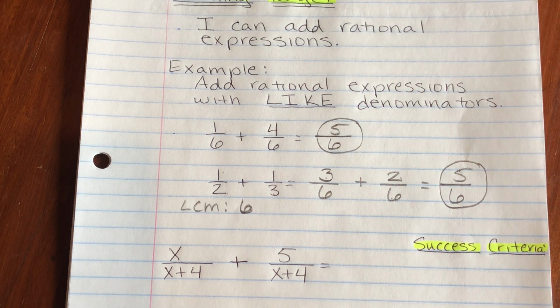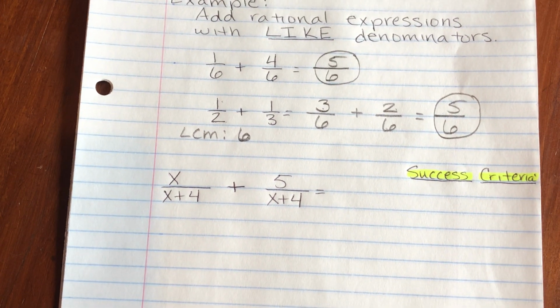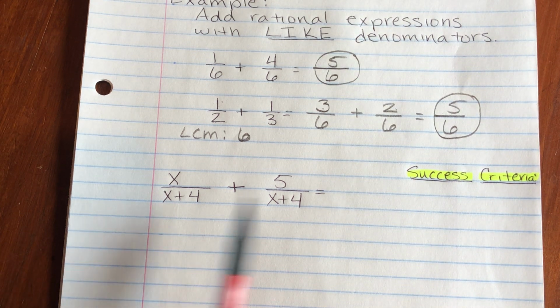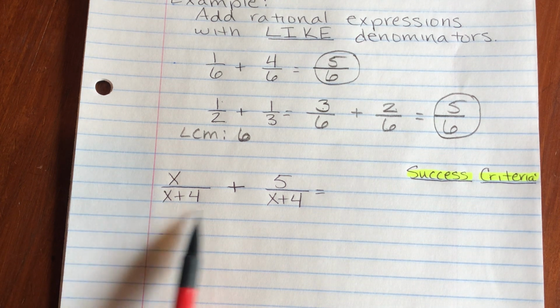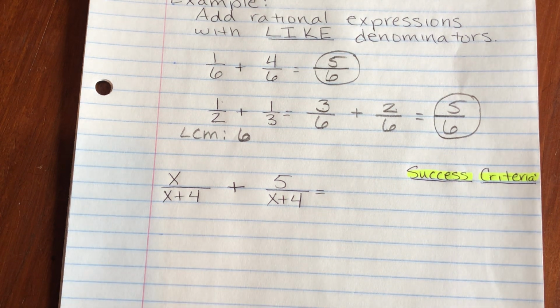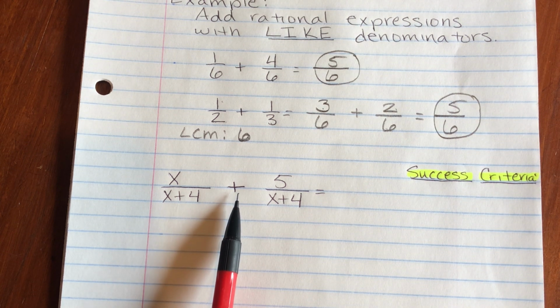All right. So let's apply that same concept to rational expressions. So rational expressions are written as fractions, and they have an expression in the numerator and an expression in the denominator. So these are my two rational expressions. I'm going to add them.